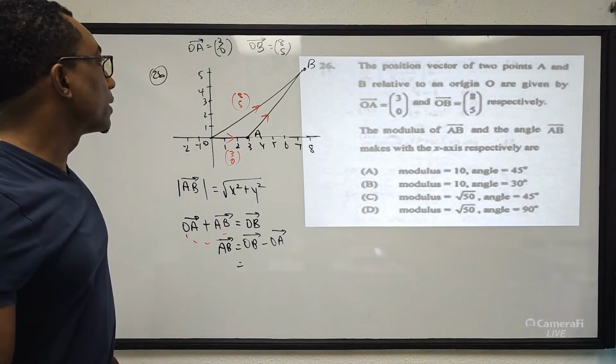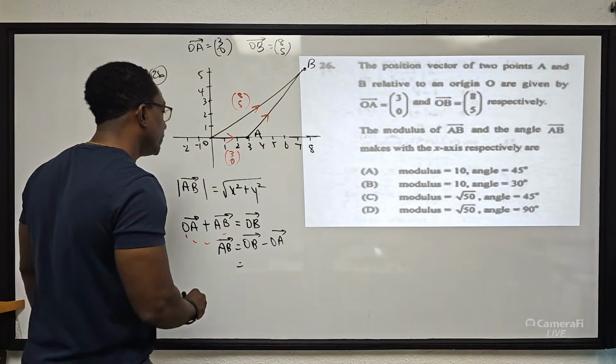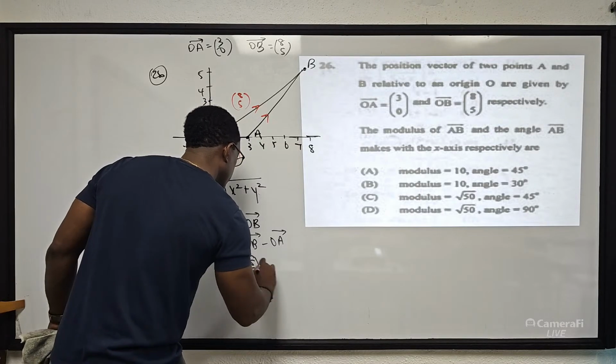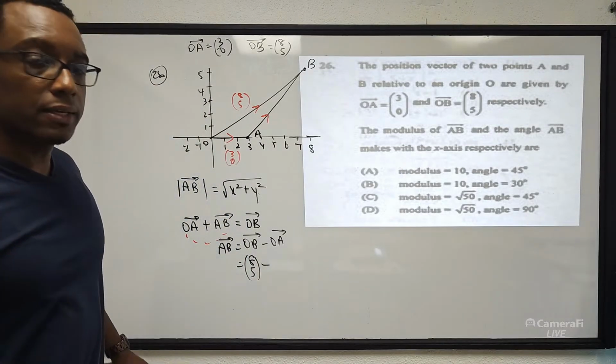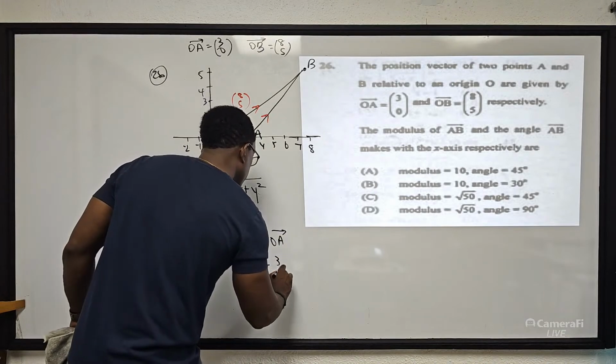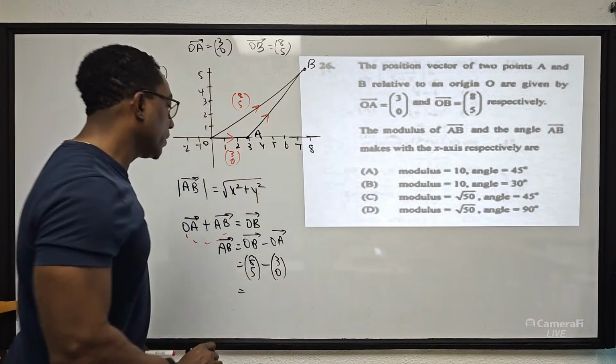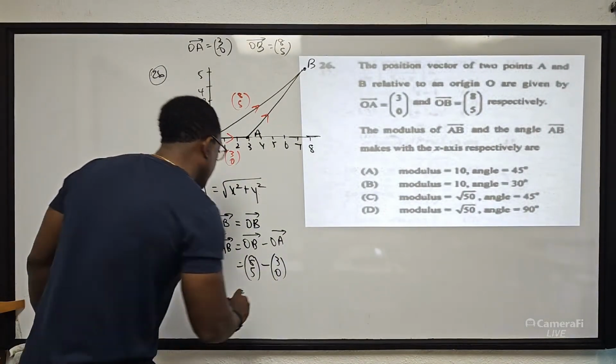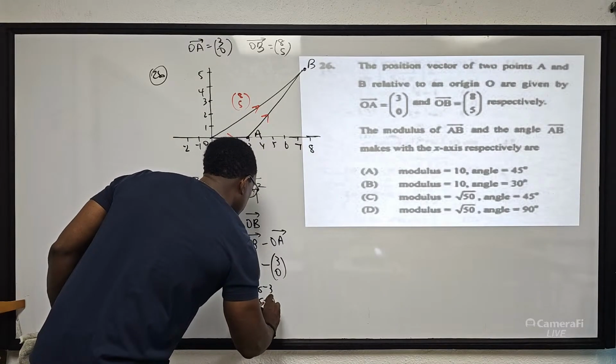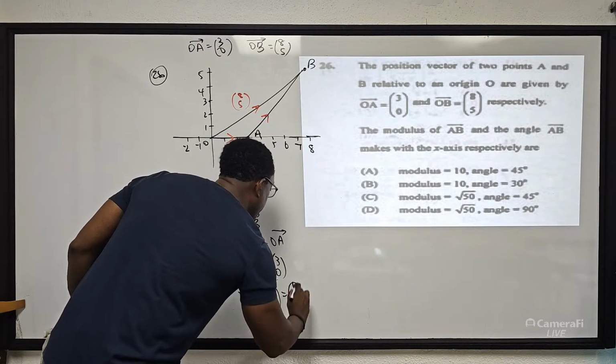OB is 8, 5 minus OA is 3, 0. So when you work that out, you're going to get 8 minus 3 and 5 minus 0. So you're going to get 5, 5.